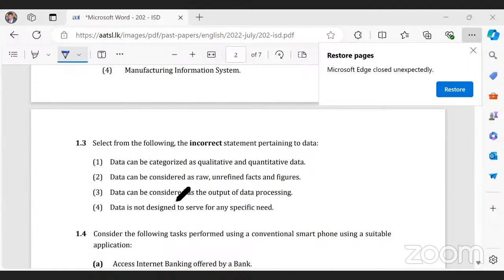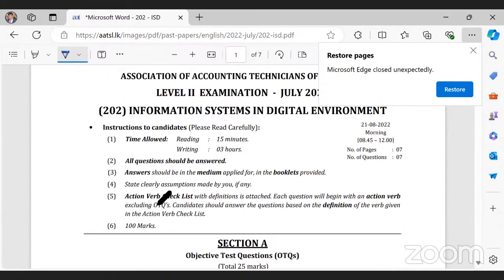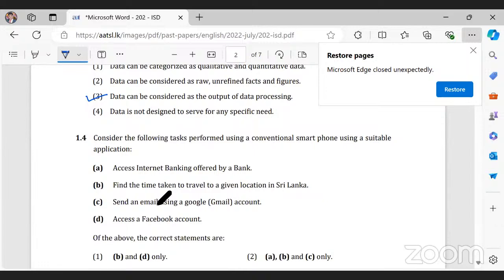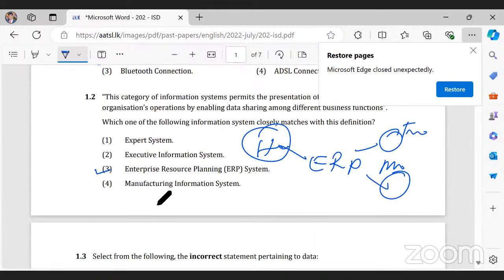Data can be considered the output of data processing. This is wrong, so that is the correct answer. Data is not specially produced for a certain purpose, as we have discussed. It is not produced for a specific purpose. It is automatically generated as day-to-day transactions.